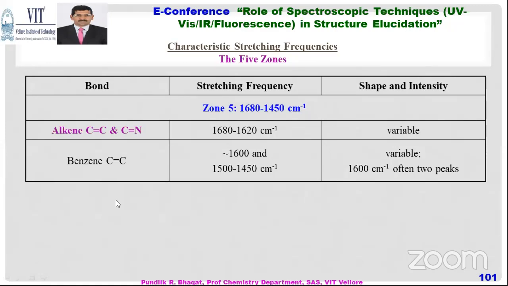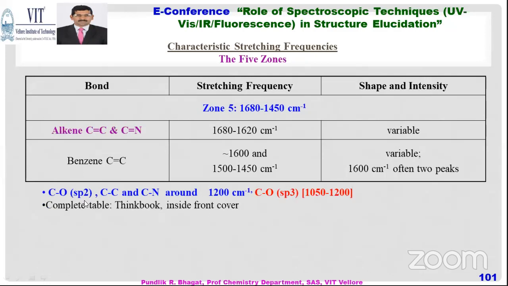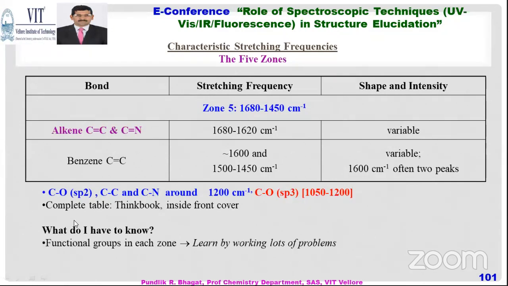For example, if a COO group is there, the C single bond O also comes under 1600. So here, sorry, here it is mentioned. Here we'll find this CO, that is sp2 CO, connected to the carboxyl group. Similarly, carbon-carbon and carbon-nitrogen are also showing around 1200.